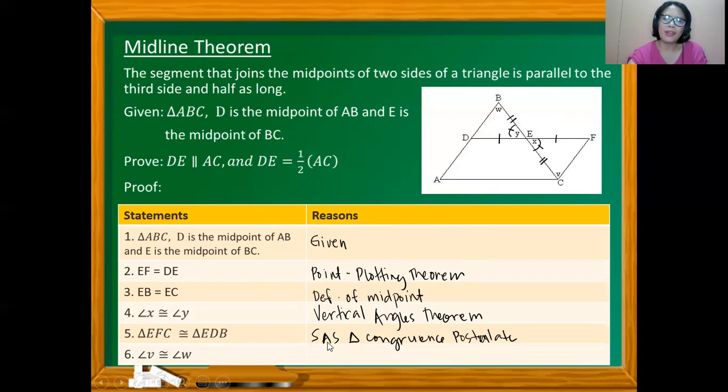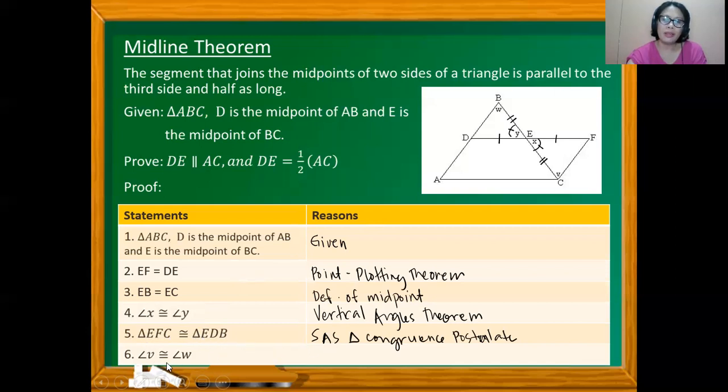Again, under SAS triangle congruence postulates, whenever two pairs of corresponding sides between two triangles and a pair of included angles are congruent, we can conclude that the two triangles are congruent. So we can conclude here that triangle EFC is congruent to triangle EDB.